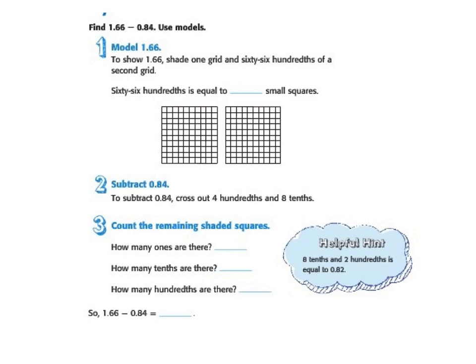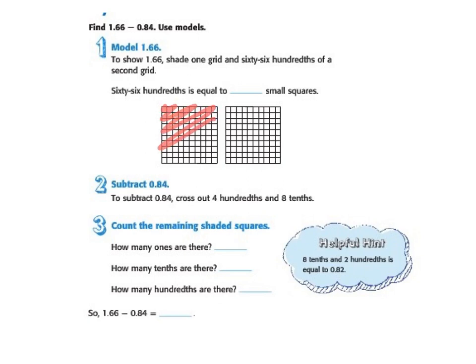For our next problems, we want to go through the steps again. So for this problem, we're doing 1 66/100, subtract 84/100, and we want to use models. So step number 1 will be to show 1 66/100 on the grid. So we want to shade in 1 whole grid and then 66/100 of a second grid.